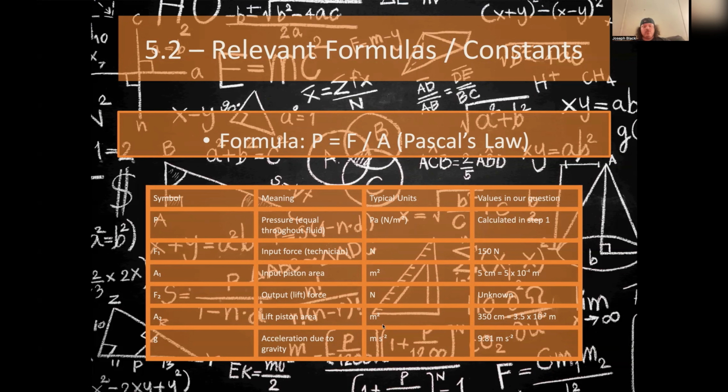This is going to be shown in meters squared, and we already showed that this is 350 centimeters squared, which is equal to 3.5 times 10 raised to the negative second power meters squared. And then we have g, which is acceleration due to gravity, 9.81 meters per second squared.